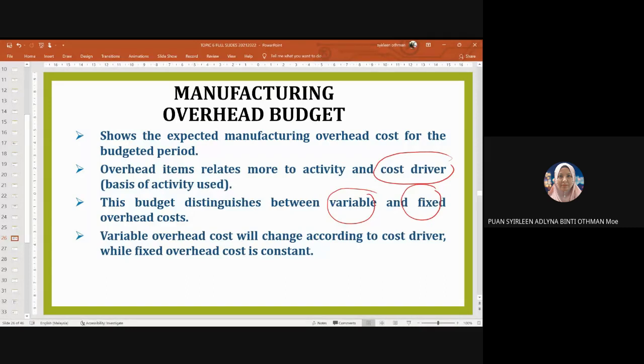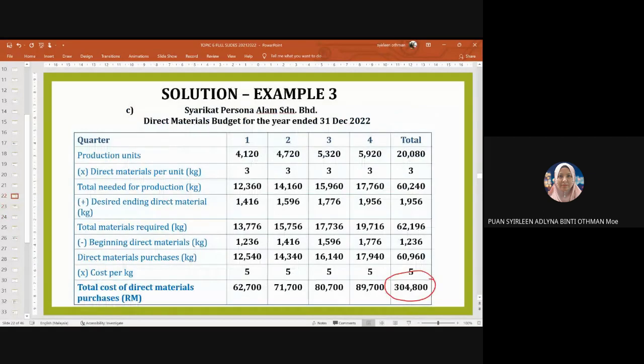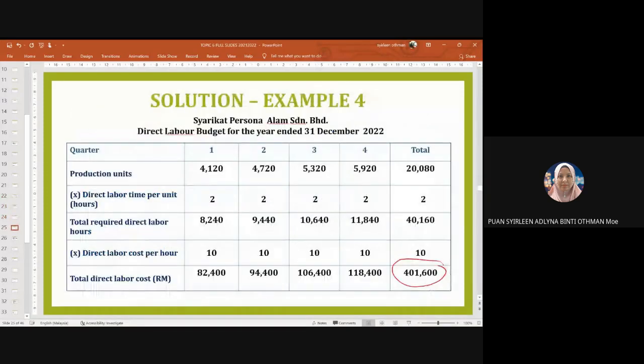Okay, kenapa kita nak kena tahu semua ni? Alright, previously kita dah kira direct material purchase. Lepas tu kita dah kira direct labor cost. And now kita nak kira manufacturing overhead. Sebab nanti dalam cash budget, you are supposed to pay for all this.